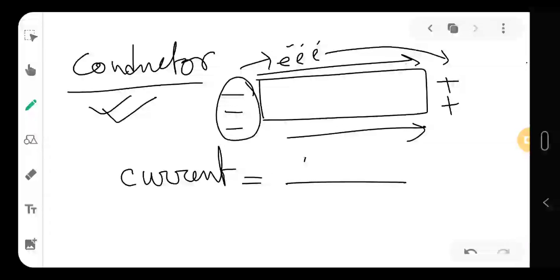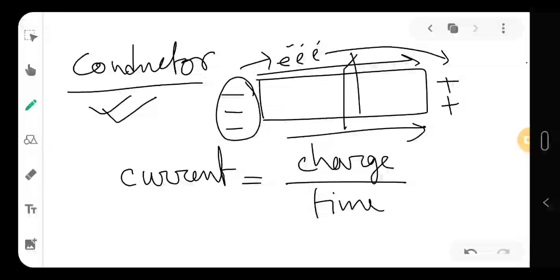Current is defined as charge flowing per unit time per unit cross section. So let's say the current I want to find through this cross section. I will say how many charges are passing per unit time.